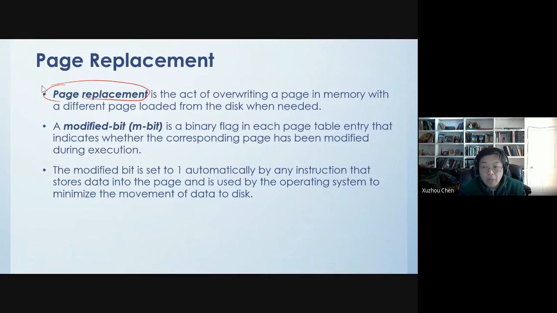When I want to load this page to execute the program, and the page is not loaded and the memory is full, I need to pick a victim, right? Which one do I want to override? I take away this page which is in the memory and load my new page. That's called a page replacement.